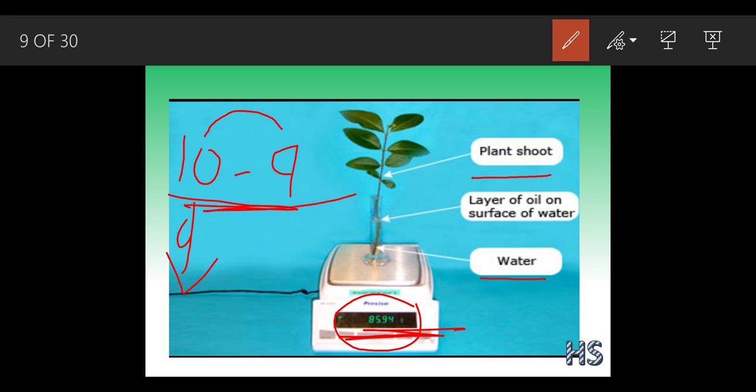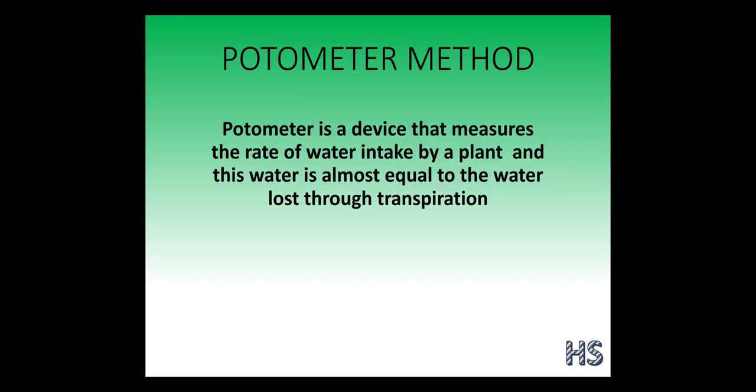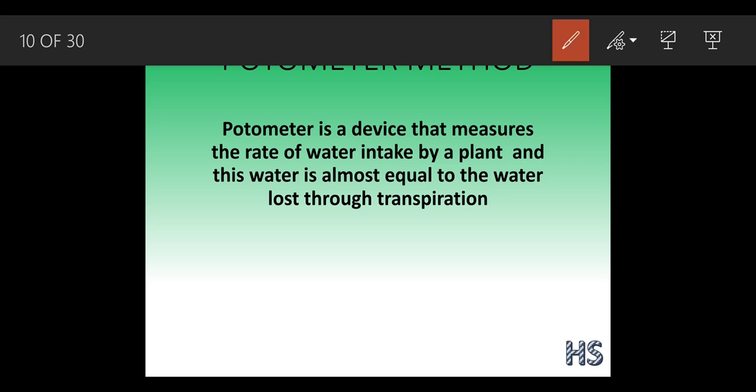The second method is the potometer method. Let's understand that in detail. The potometer is a device that measures the rate of water intake by a plant, and the water intake is almost equal to the loss through transpiration. This means, in simple language, the amount of water that is taken in by a plant is the amount that is lost by the plant.